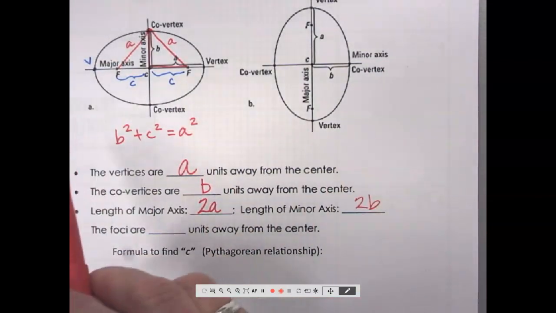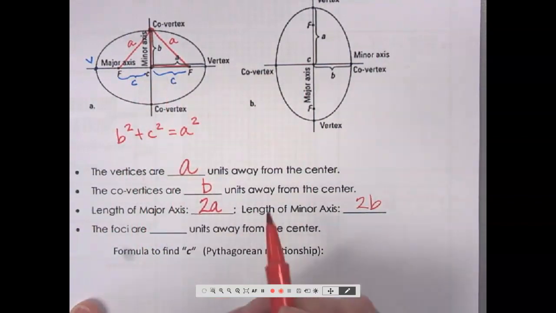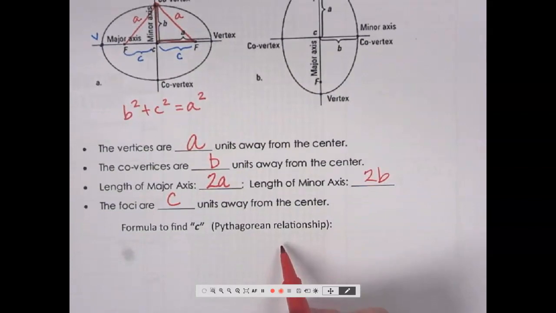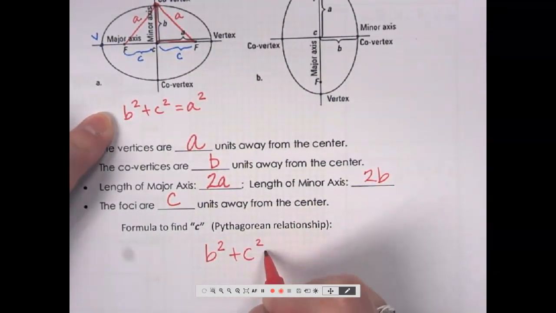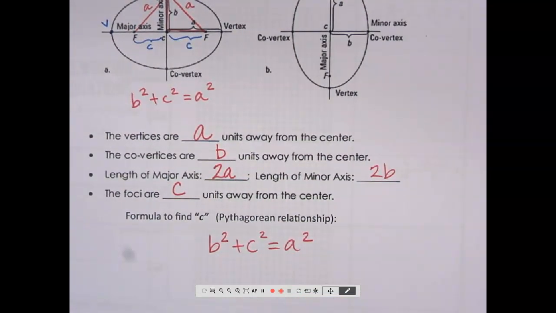And that distance, which I drew in blue over here, from center to focus, we call C. Then we have a formula to find C or find A or find B. One of them, the Pythagorean relationship, is B squared plus C squared equals A squared.